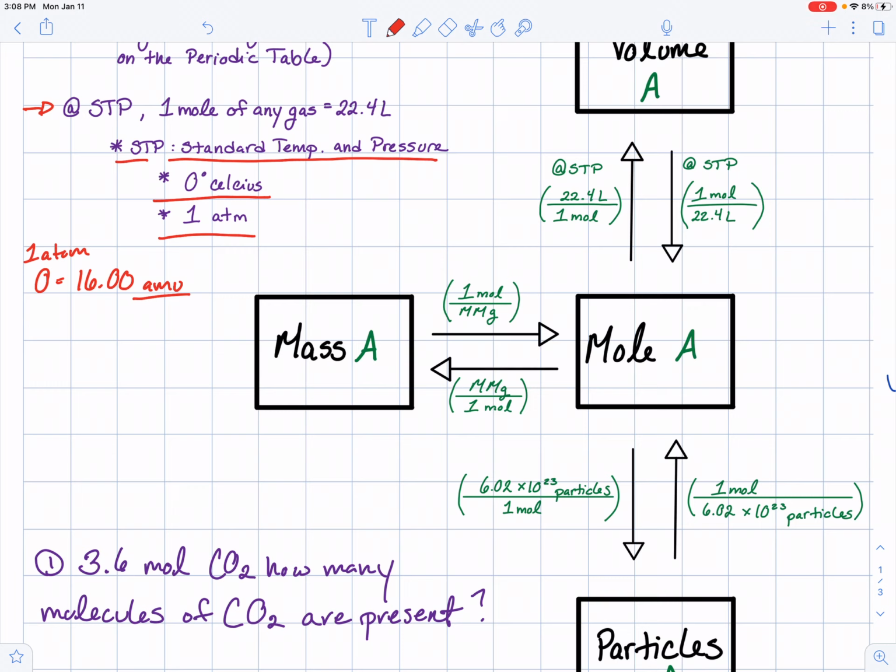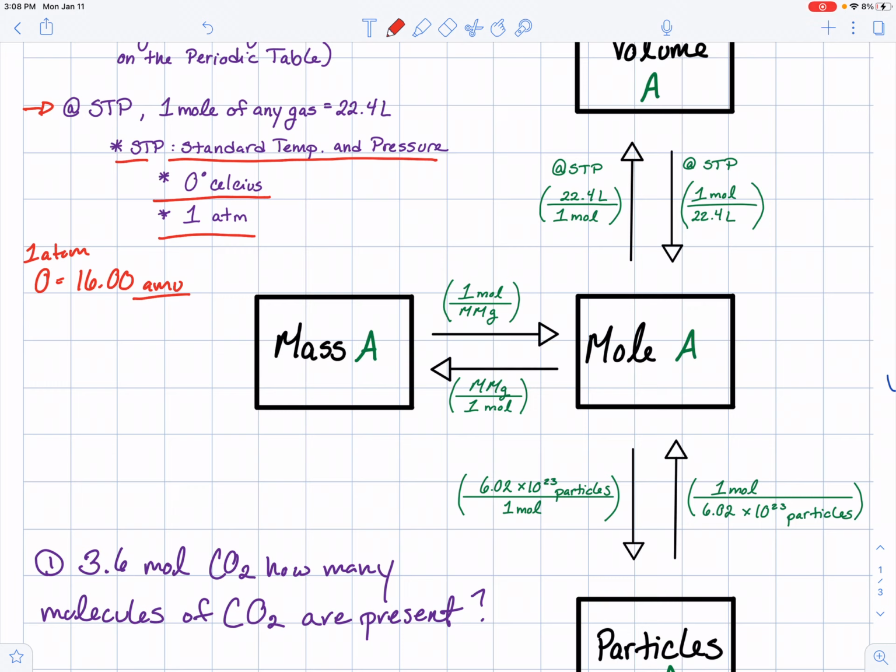Now, keep in mind I have 2 of them, right? So in this chemical formula, I have 2 hydrogen, and I've got 1 oxygen. So my total mass for H2O would be 18.02 grams if I had 1 mole of H2O. So we'll be using that definition of the mole as well.